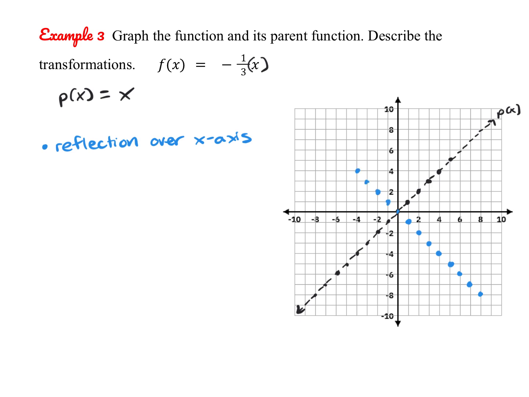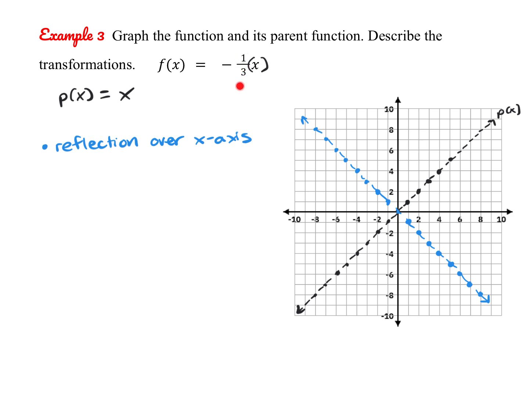So I just put each coordinate the same distance from the x-axis, but on the other side of the x-axis. Again, we could have also called this a reflection over the y-axis. You would get exactly the same thing, and that's why with linear functions it's a little different. We could treat this as vertical or horizontal.